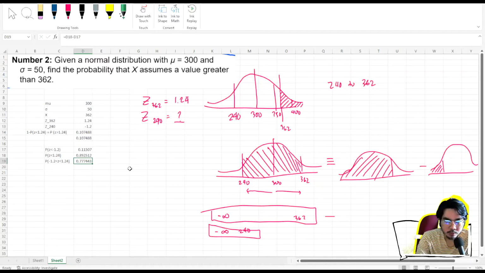Another way of solving this is, pero again, kasi from the left kasi nagme-measure sa Excel, no? So this is the most efficient way na talaga, no? But if you have tables that measure from the center line up to the 240, then you can do yung 240 to yung negative 1.24 to 0 plus yung 0 to 1.2, no?